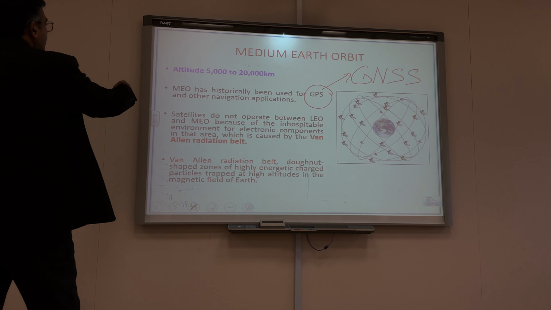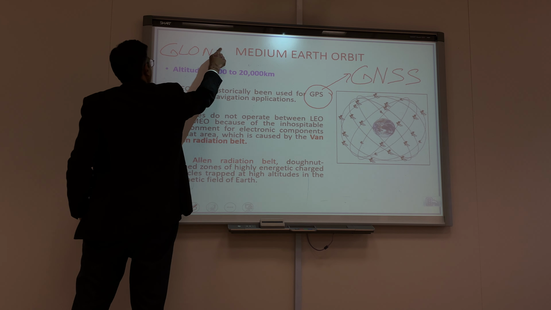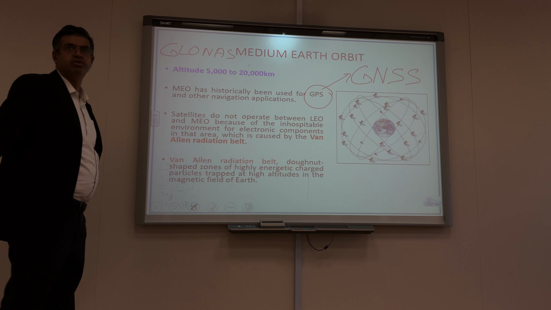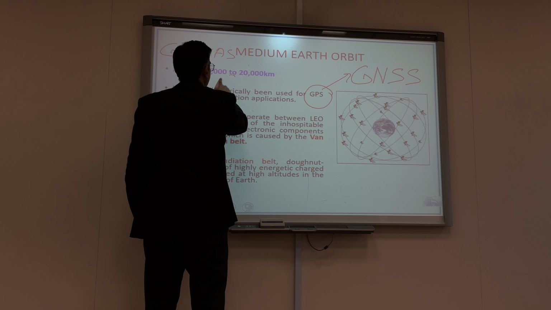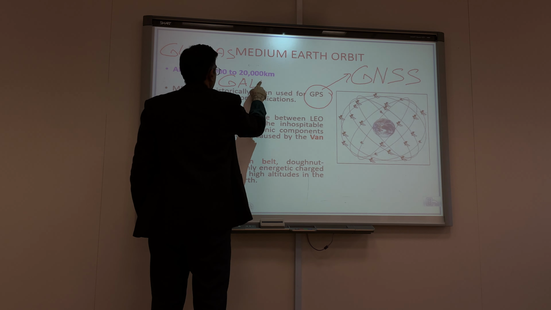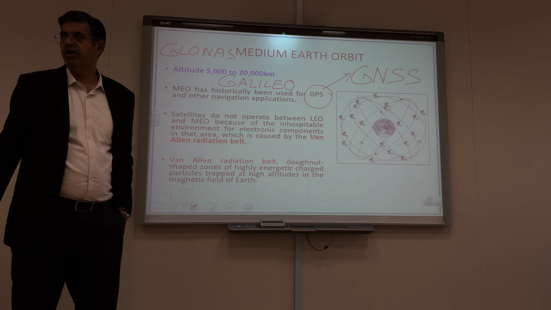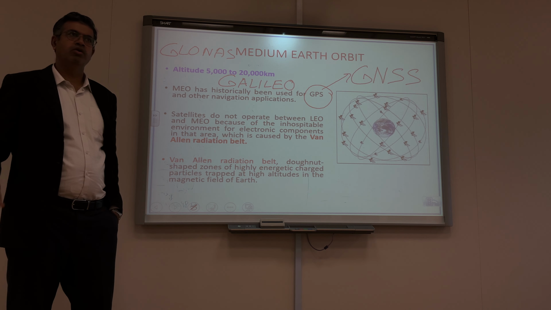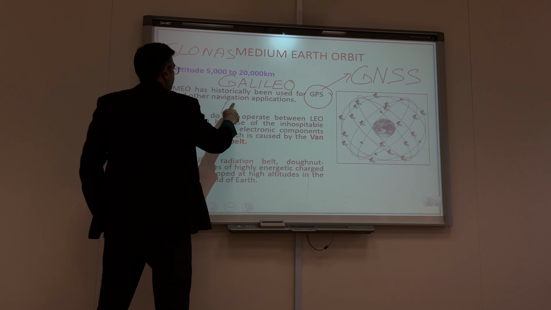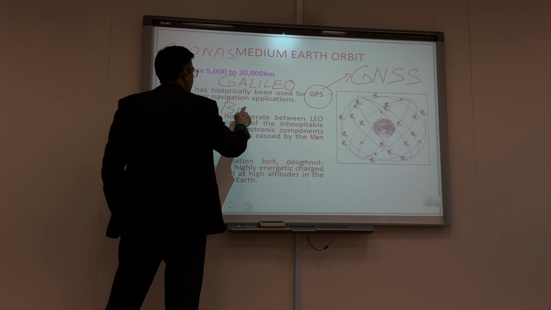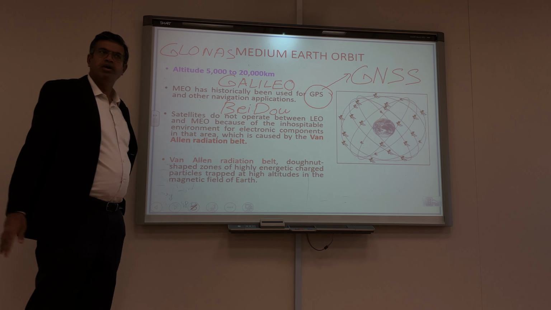For example, you have GLONASS, which belongs to Russia, then you have Galileo, which belongs to Europe, the European Space Agency, and then you have Beidou. It belongs to China.